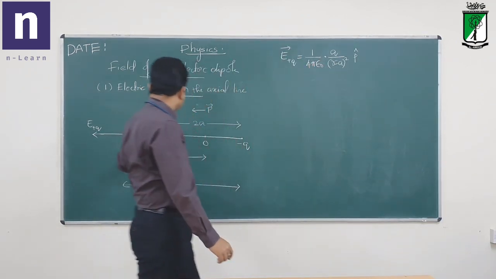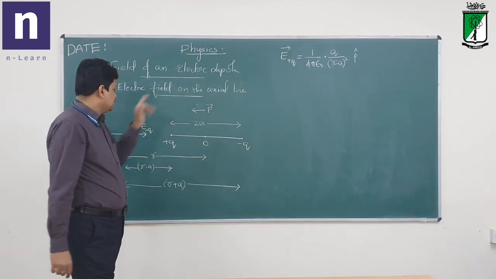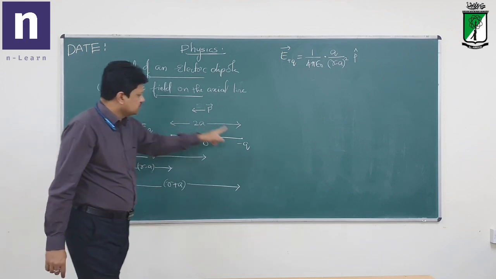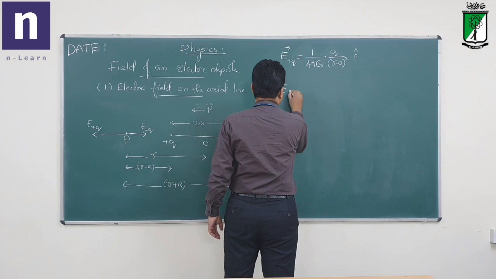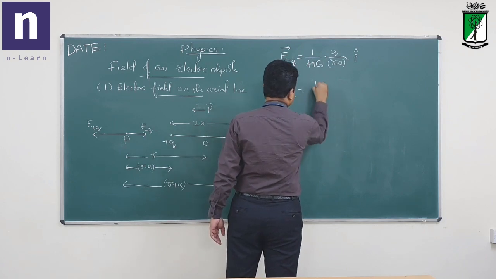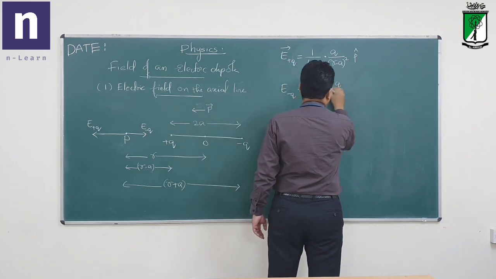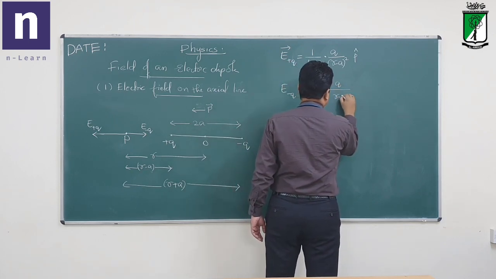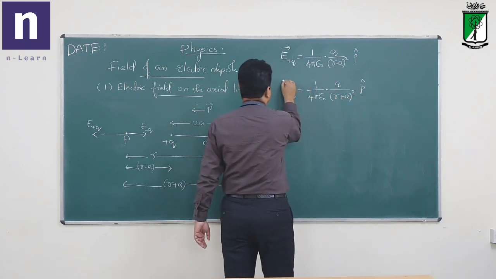Q is the magnitude of the charge plus Q. Now, in the same way, what is the electric field E minus Q due to the charge minus Q here? That is E minus Q, which is equal to 1 by 4 pi epsilon naught, the charge magnitude divided by r plus a whole square p cap.